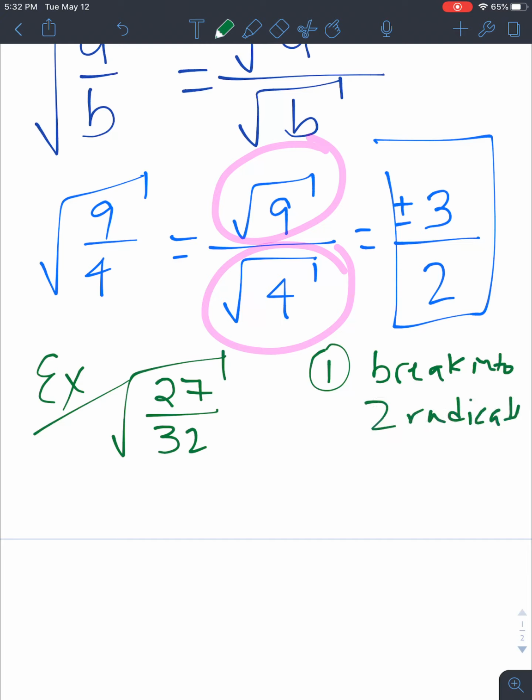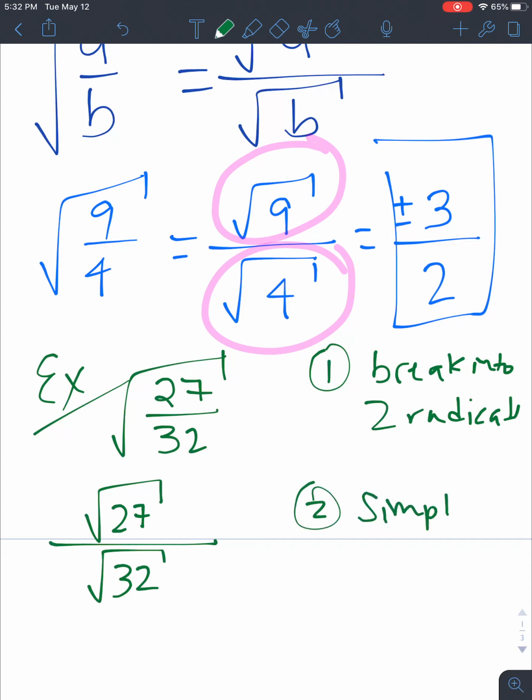So you're going to take this square root and break it up into two separate square roots. So I'm going to take this square root of 27/32, and I'm going to turn it into the square root of 27 divided by the square root of 32. All right? So that's step 1, break it into two radicals.